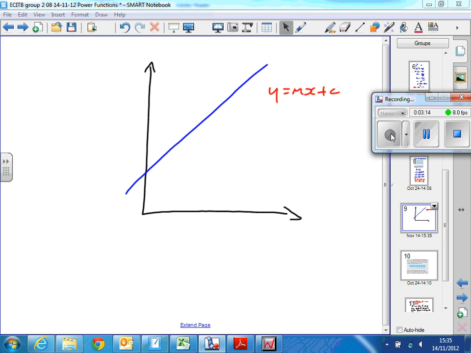So if I plot two variables, y against x, in this case it's power against current, or log power against log current rather, for any two variables. If I plot y against x and I get a straight line, then that means I can write down the equation of the line. And I'm hoping you've seen this before that relates y and x. Could anybody tell me what C represents?